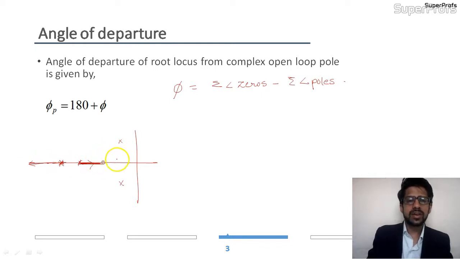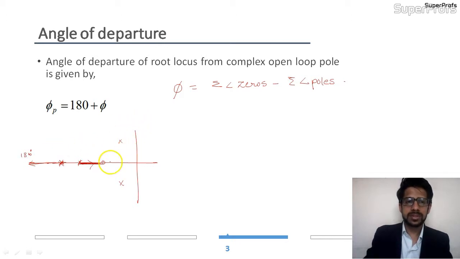The centroid, or the point from which the asymptotes of the poles traveling towards infinity originate, is somewhere here, and one goes in this direction. One of the asymptotes goes in the 180-degree direction.